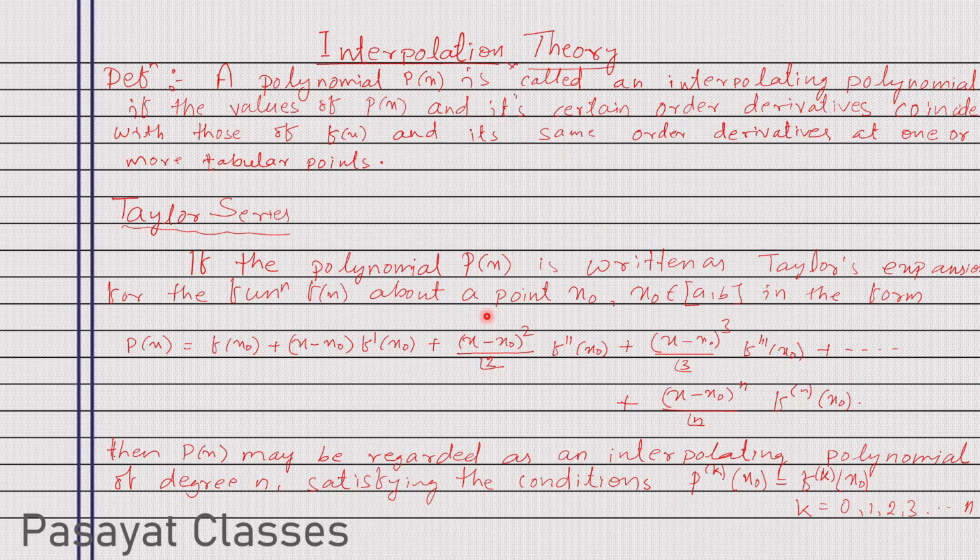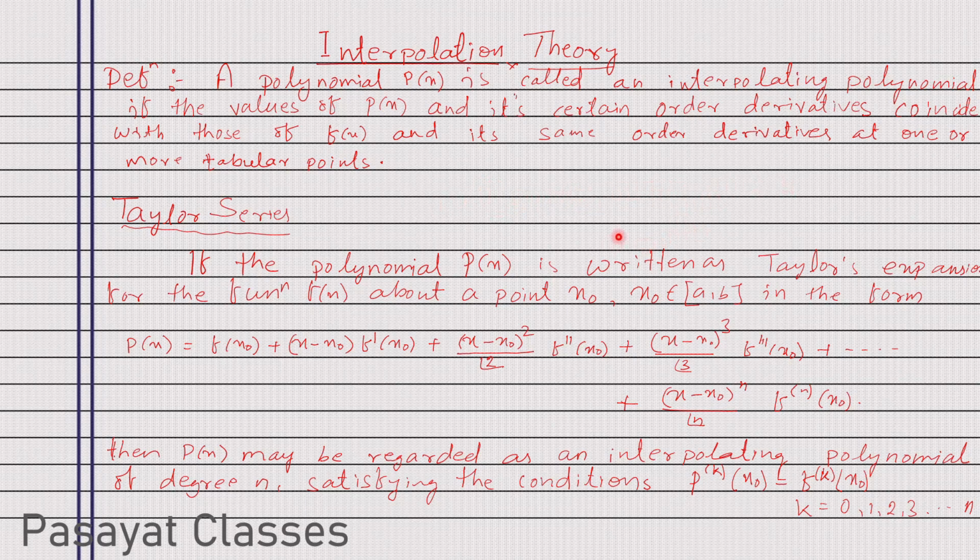The definition says that a polynomial p(x) is called an interpolating polynomial if the values of p(x) and its certain order derivatives coincide with those of f(x) and its same order derivatives at one or more tabular points. That means we have a function f(x) and there are some tabular points x0, x1, x2, x3.